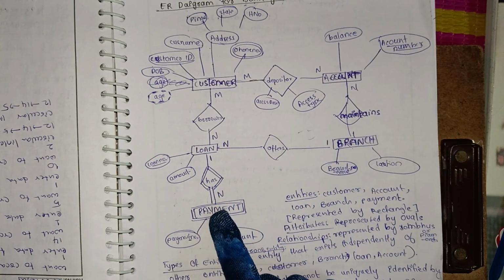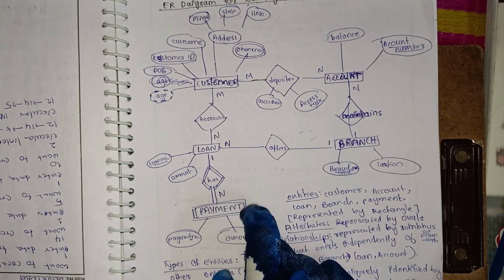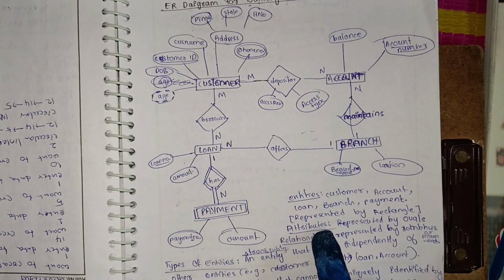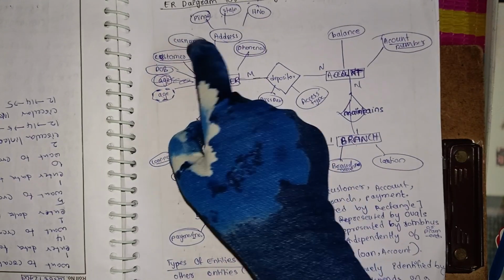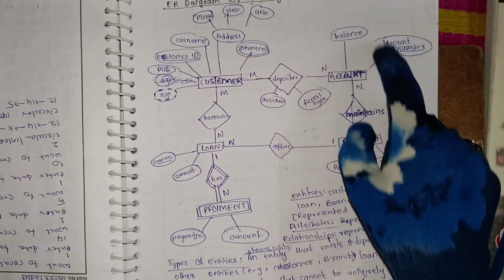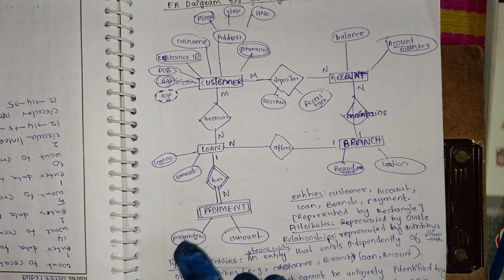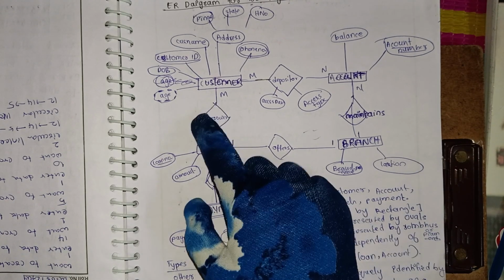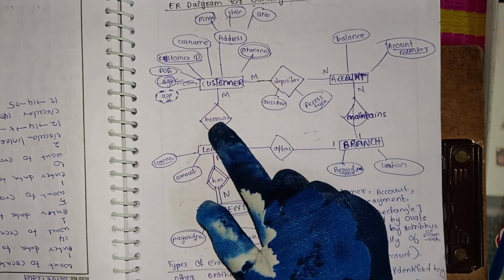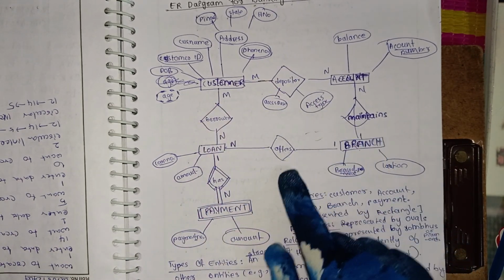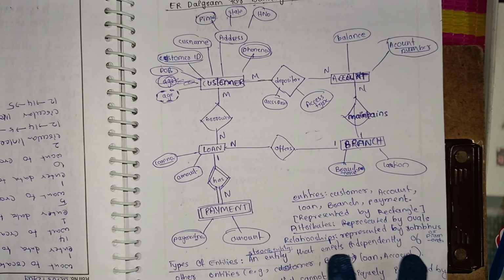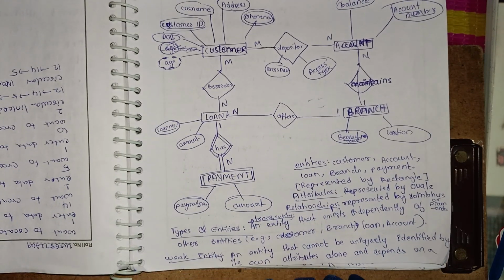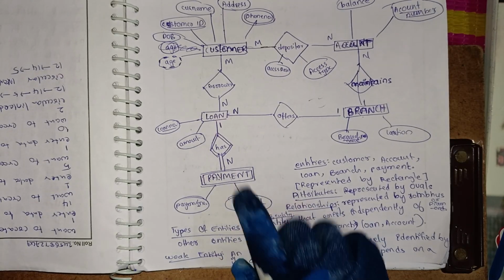These entities are represented by rectangles, attributes are represented by ovals, and relationships are represented by rhombus. Borrower, depositor, maintains, offers, has. These are the relationships, and these are the types of entities in this model.